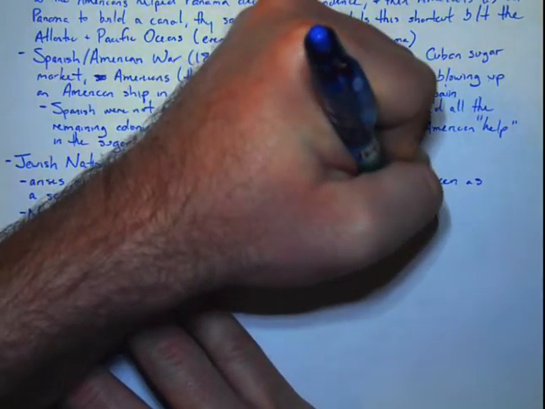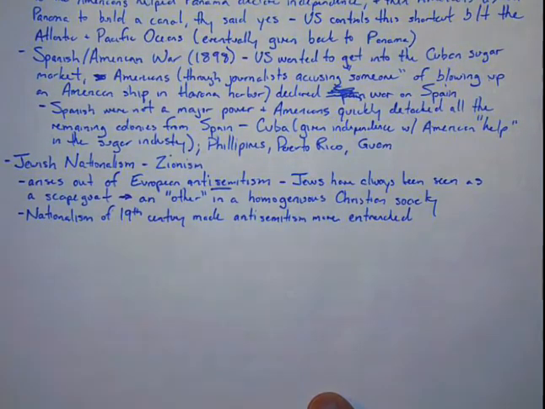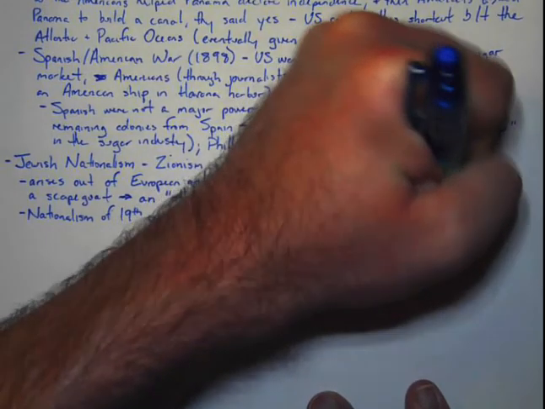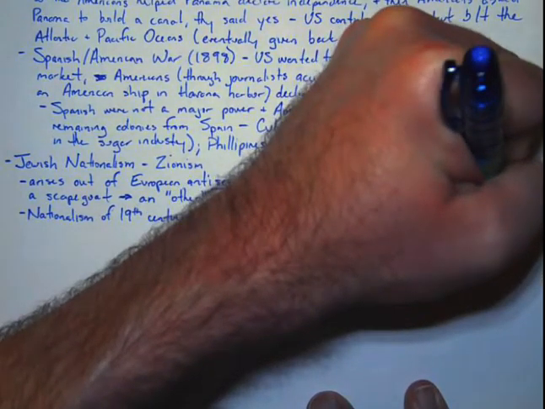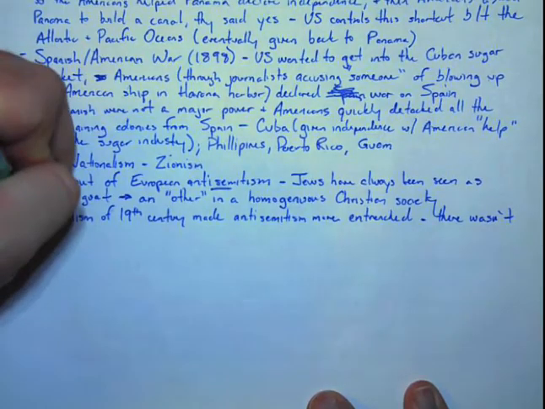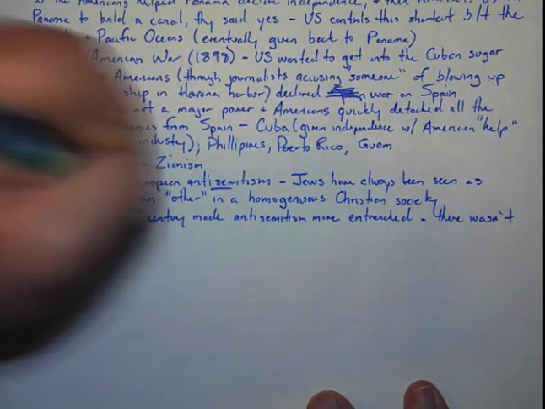Like it wasn't going anywhere now. The nationalism of the 19th century made anti-Semitism something that was not going to go away. There wasn't as much violence, although there still was some.